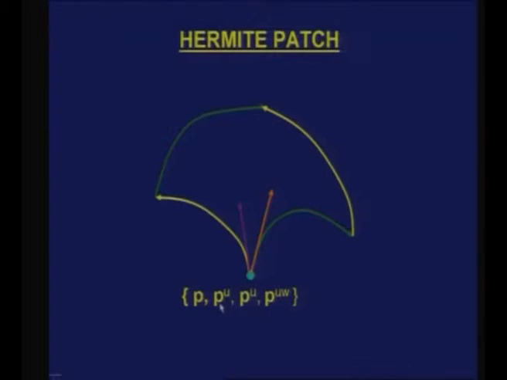This is the tangent vector with reference to u, del x by del u, del y by del u, del z by del u. This is p of w, which is del x by del w, del y by del w and del z by del w, and the twist vector. By giving these values at 4 corner points, I am completely defining the surface, which is bicubic in nature.